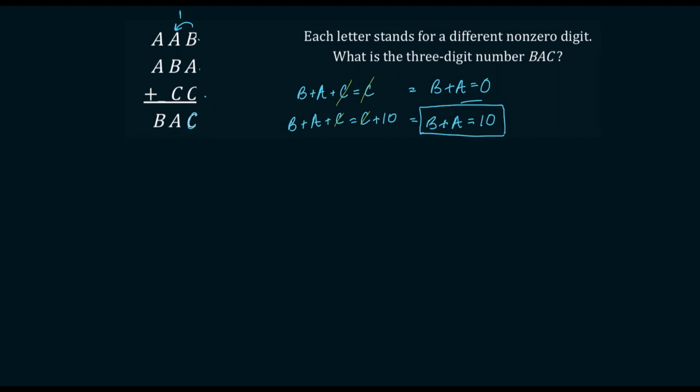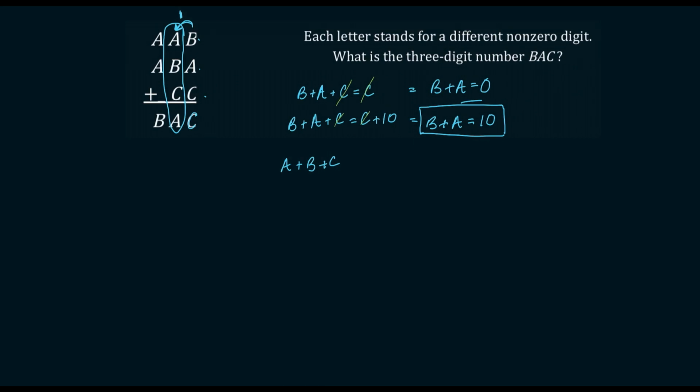Alright, now let's look at the tens column. Once again, if we write this as an equation, on the left-hand side we have A plus B plus C. However, we have to remember that we carried a 1 over from the units column to the tens column.